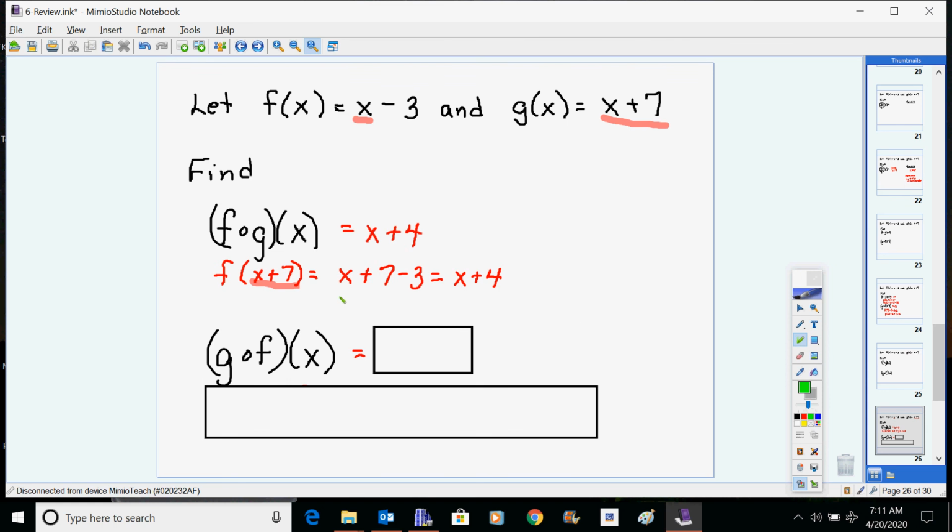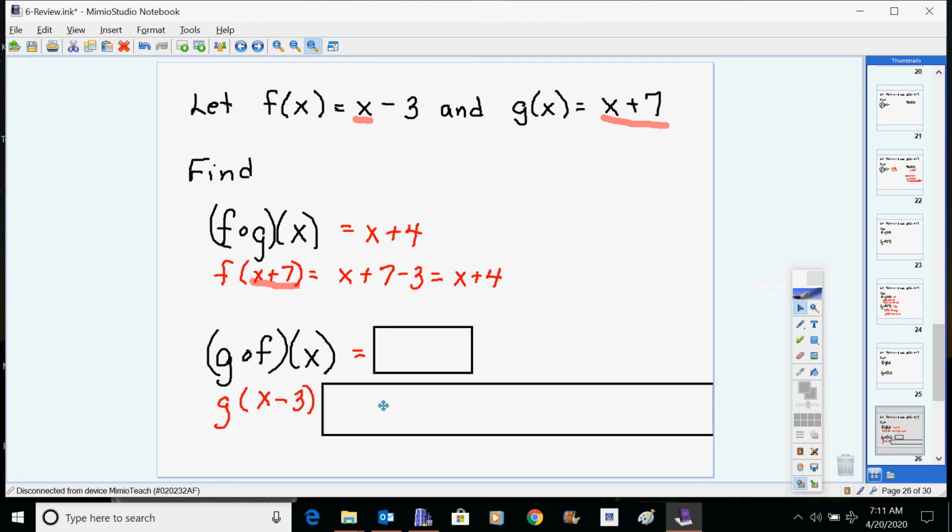Okay, g of f of x. As I said, it's not always that they'll end up being commutative. We have to be very careful with this. We want to find g of x minus 3, because x minus 3 is what f of x equals.